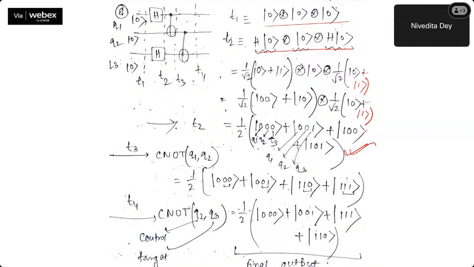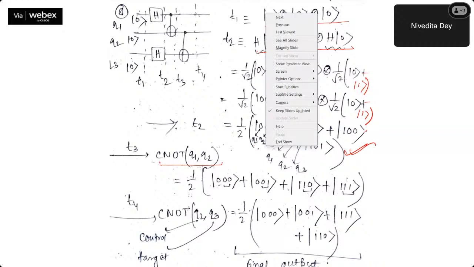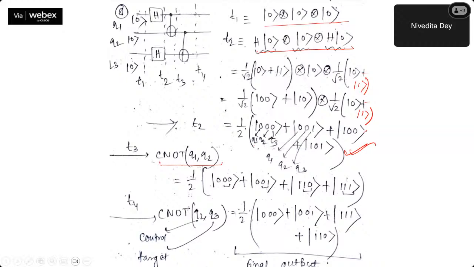Then at T3, what I'm doing is a C0 on Q1 and Q2. So C0, Q1, Q2. What will it do? Q1 is the control, Q2 is the target. So initially 0 0, nothing will happen. 0 0, nothing will happen. 1 0, it will now become 1 1. Yes, it is true. And then 1 0 1, so 1 and 0 will become 1 and 1. So 1 1 1. So this is on application of the C0 gate on Q1 and Q2.